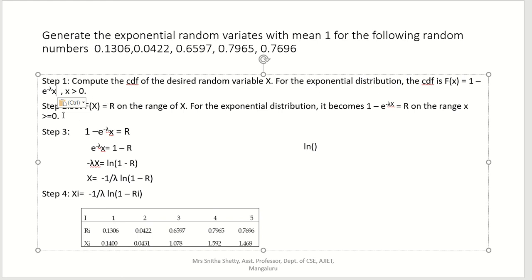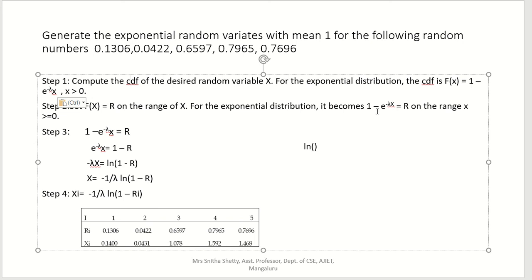What is step 2? Step 2 is to set the cumulative distribution function F of x equal to r. So when you set F of x equal to r, what happens? 1 minus e to the power minus lambda x is equal to r, and x should be greater than or equal to 0, because we want to generate the random variate.